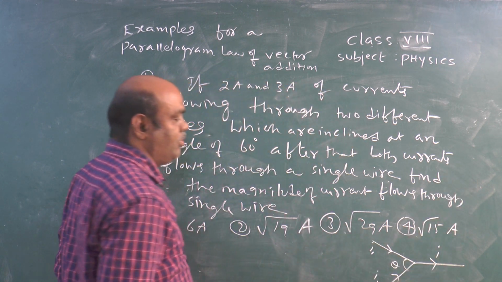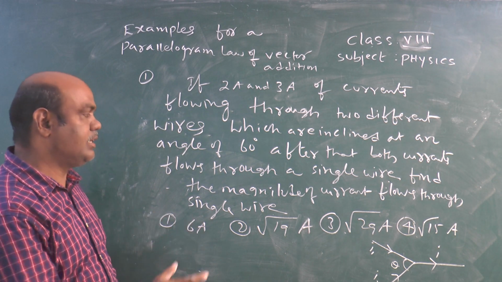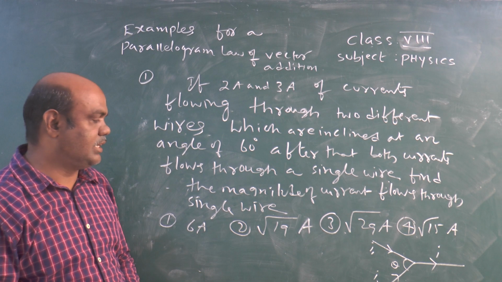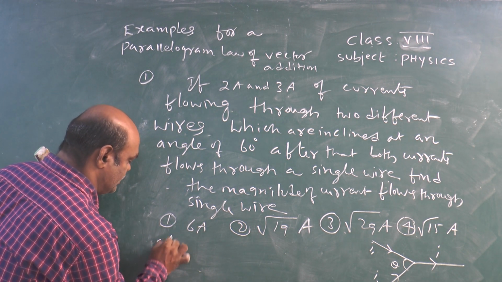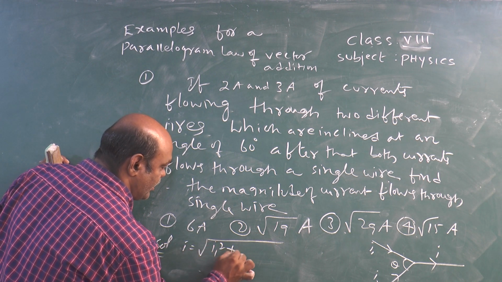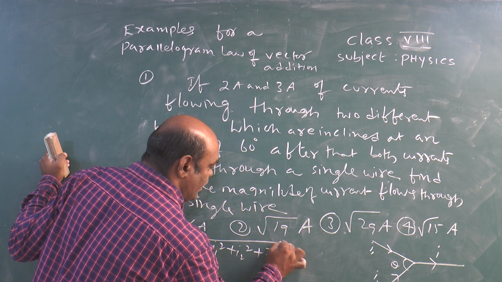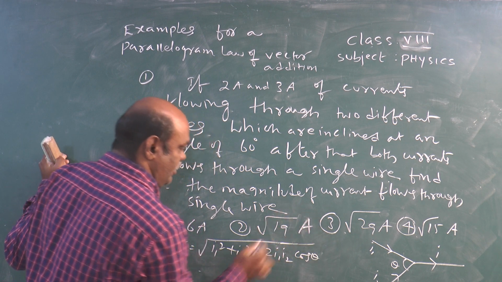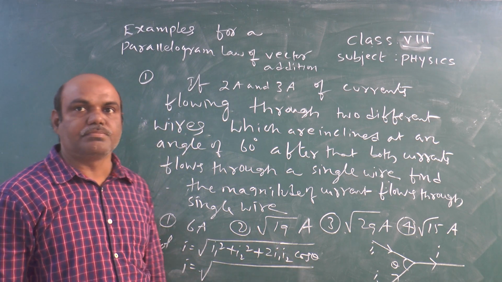The current I flows through the single wire; that is the resultant current. Our basic formula is I equals the square root of I1 square plus I2 square plus 2 I1 I2 cos theta.